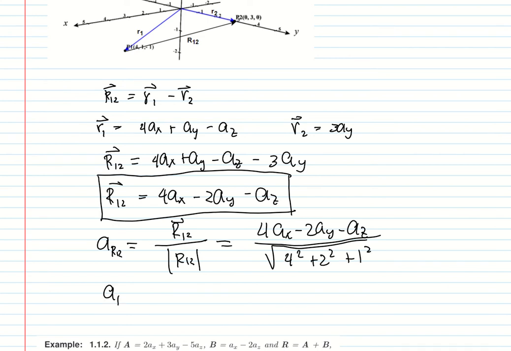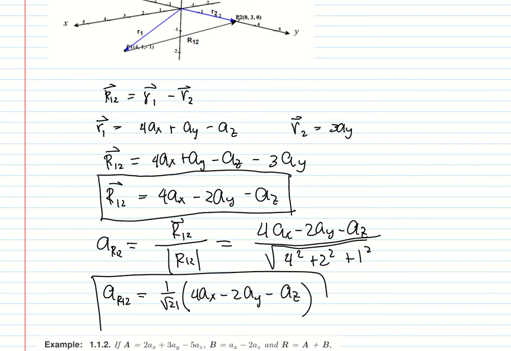Therefore, aR12, the unit vector of vector R12, is equal to 1 over the square root of 21 multiplied by 4ax - 2ay - az. So this is now the unit vector of vector R12. That's how we determine a directed vector from position vectors.